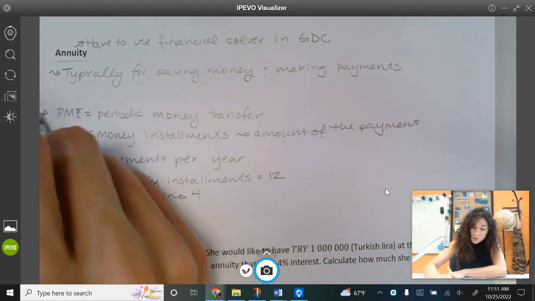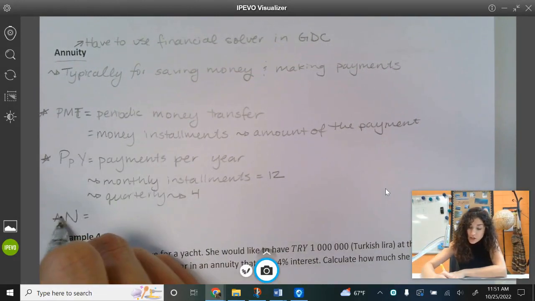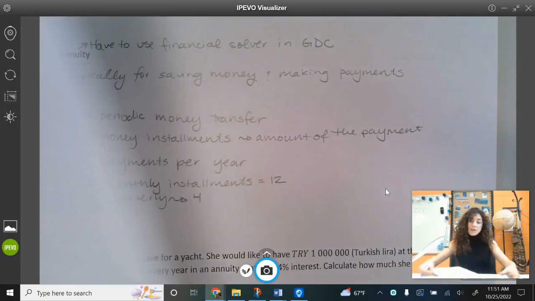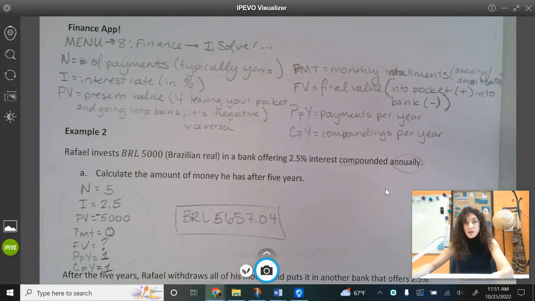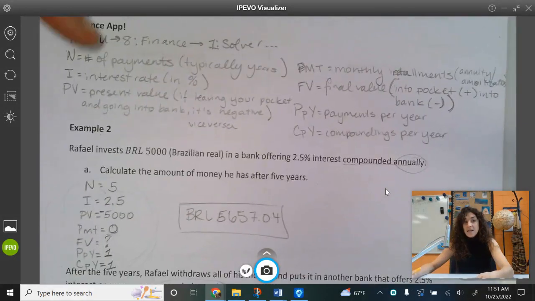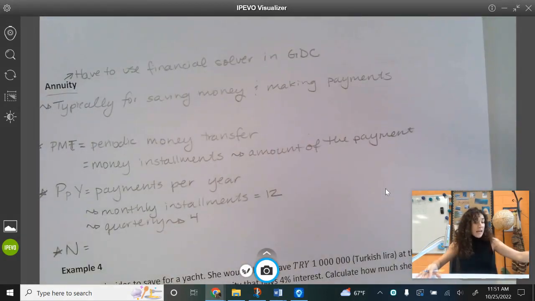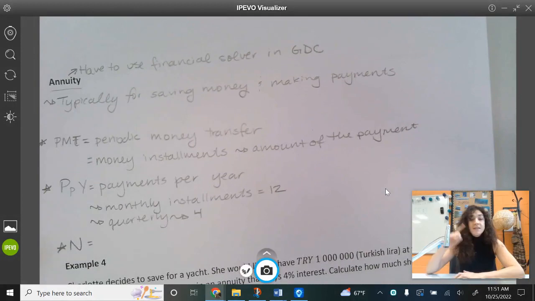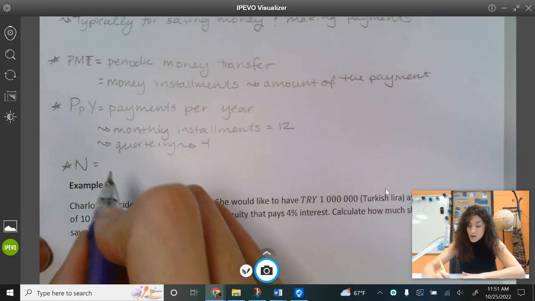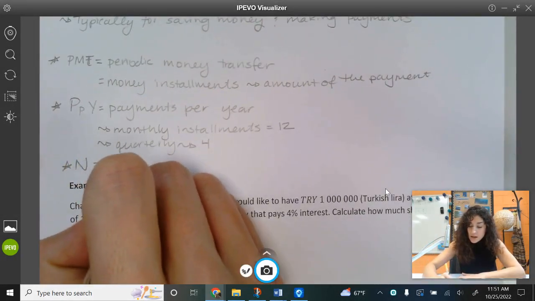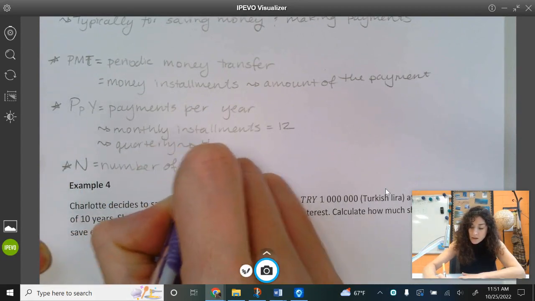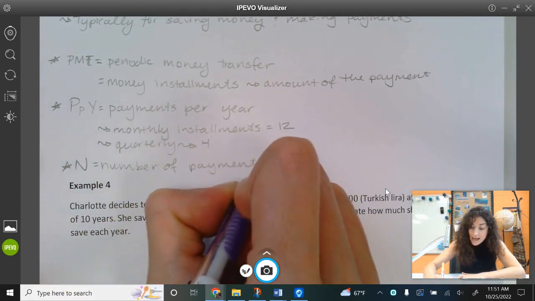The last thing that changes is your N. So these are the three things that change in your financial solver that we talked about here in your finance app: the N, the PMT, and the PPY. The N also changes because N is number of payments. And we said earlier that it's typically years.